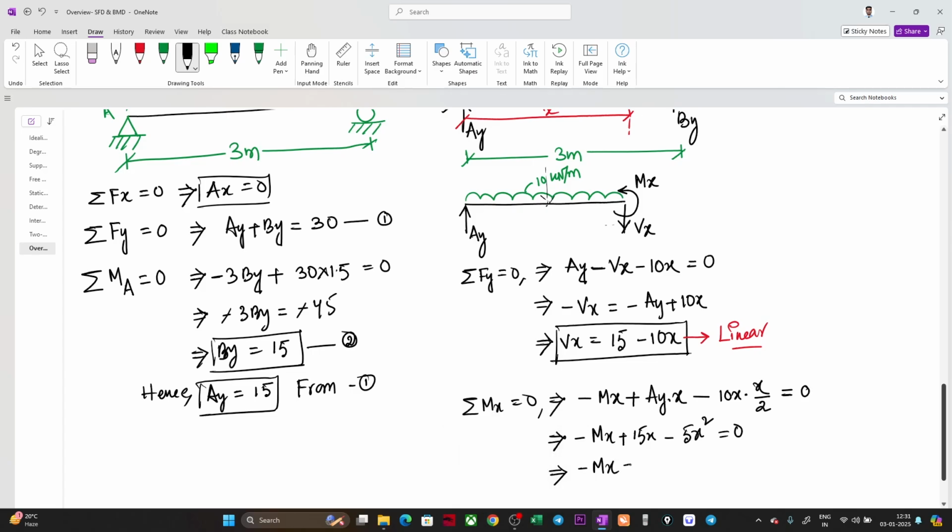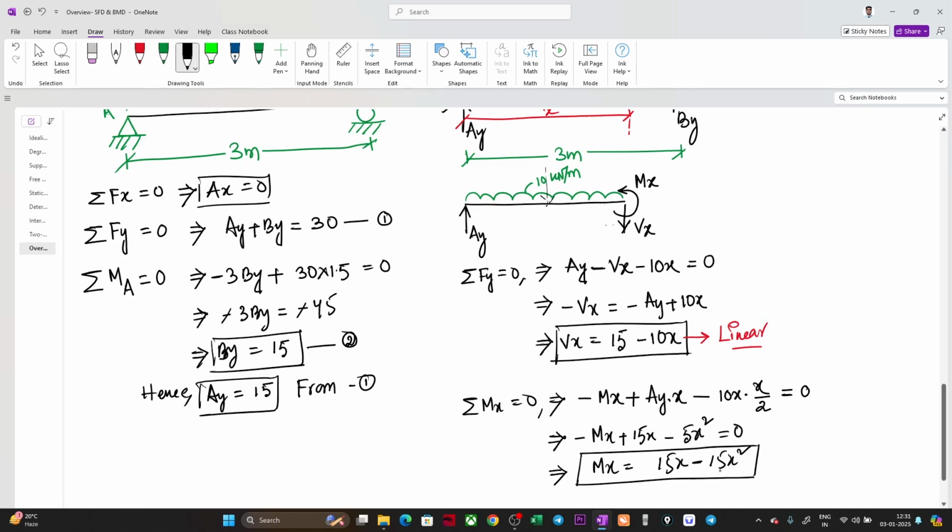So from here, minus Mx equals minus 15x plus 5x square, right? And if we take out this minus on both sides, it will be 15x minus 5x square. So we got the expression for bending moment.